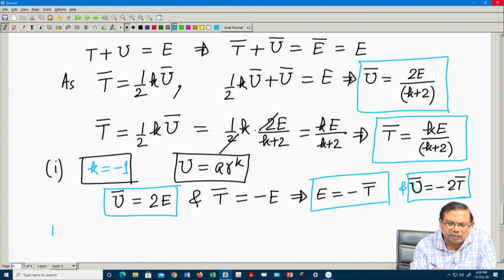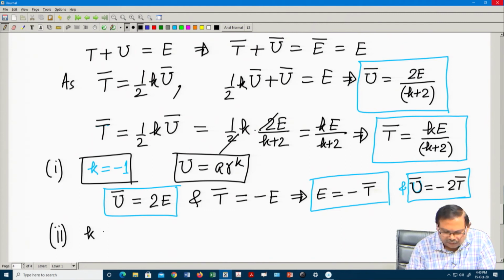You will also learn this situation later in quantum mechanics. The total energy of the hydrogen atom will turn out to be negative. That is why the hydrogen atom is in a stable bound state. So, here is one example.